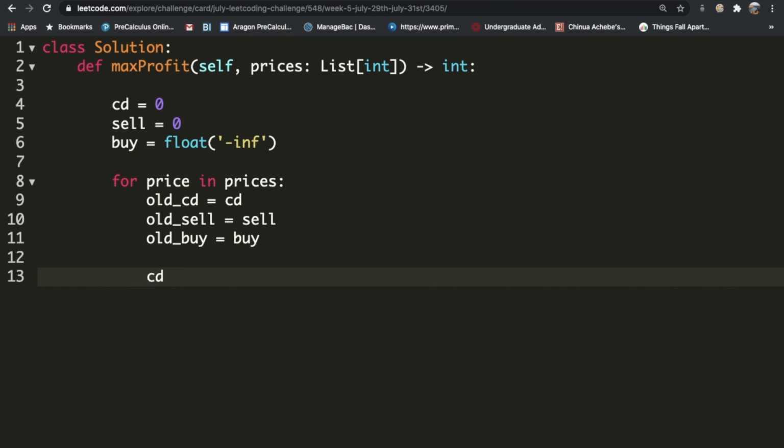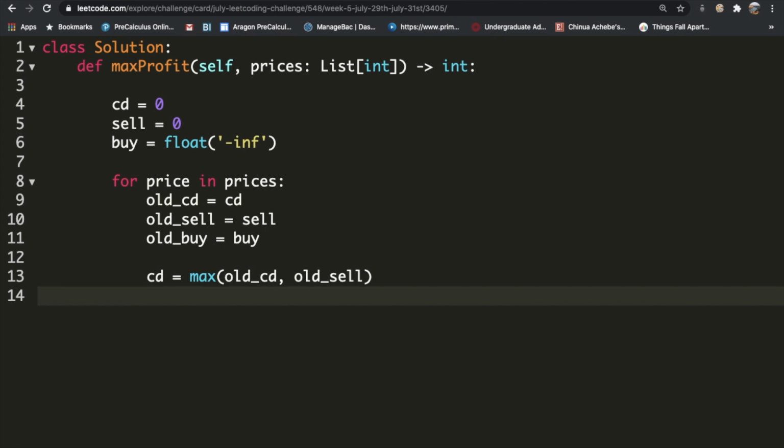So our cooldown value is now going to be the maximum between our old cooldown. So this is the same thing that we did earlier, but I'm just writing it down. So it's between our old cooldown and our old sell. And then again, for our new sell values, it's going to be our old buy, and we're going to add that with today's price, so plus price.